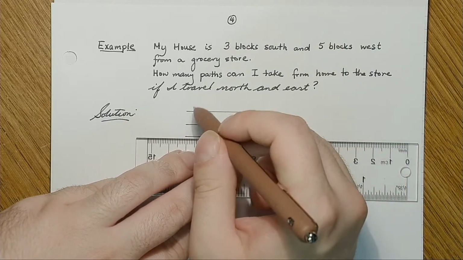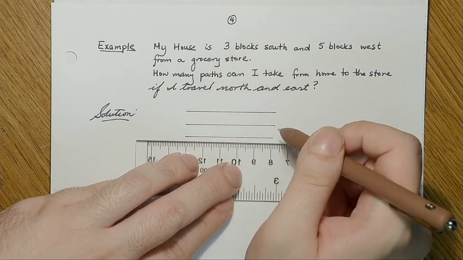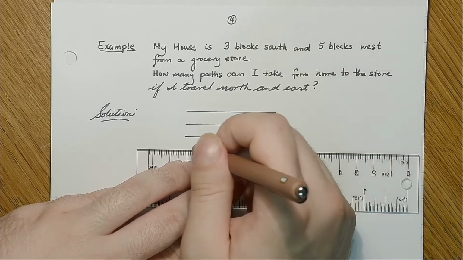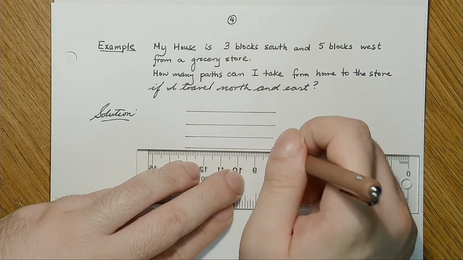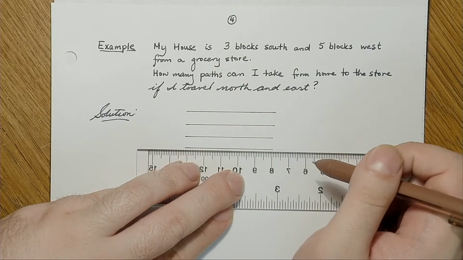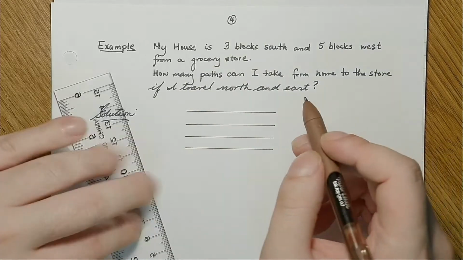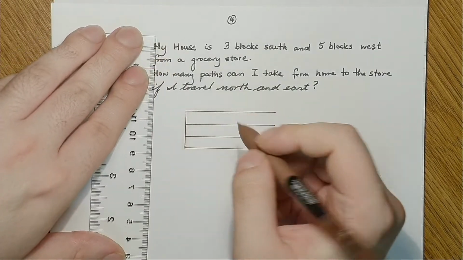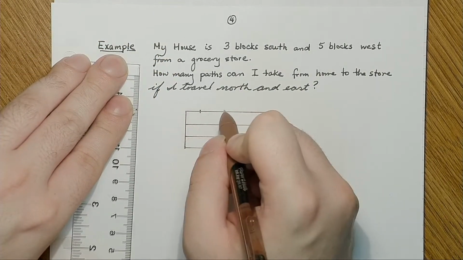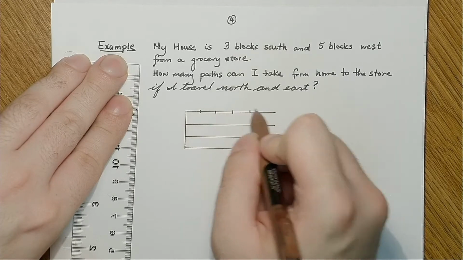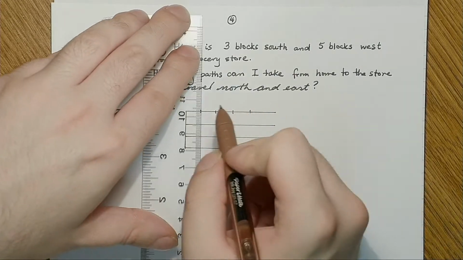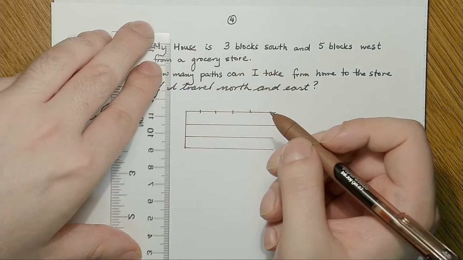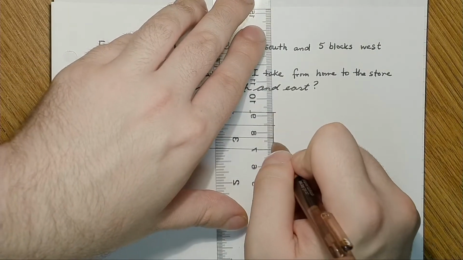Go down 1, 2, 3. And then we're going to go 5. 1, 2, 3, 4. And let's do 5. Let's do it like that.